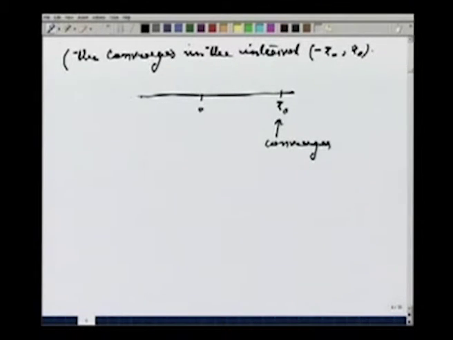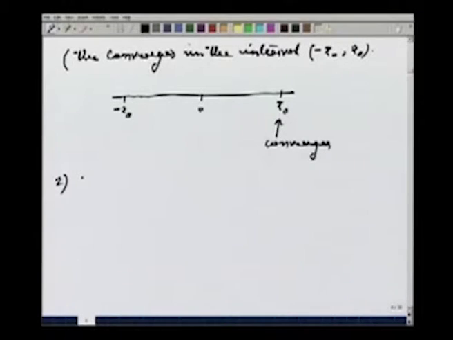Then immediately what you know is, look at minus x naught which is here, then every point between minus x naught and x naught, whatever point you choose, the power series converges. Not only that, it converges absolutely. That is the reason why I am always getting intervals as the domains of convergence. That means I am always getting intervals of x's for which the power series converges.